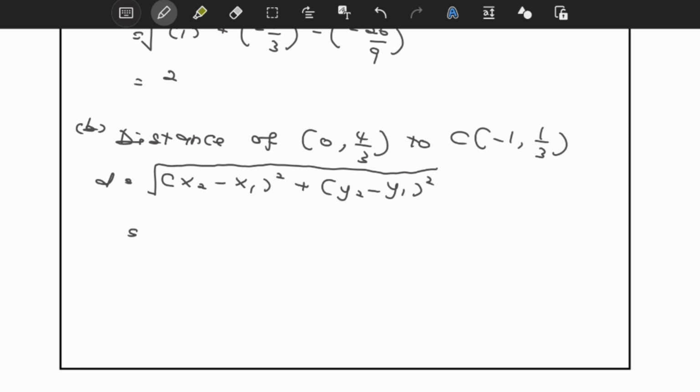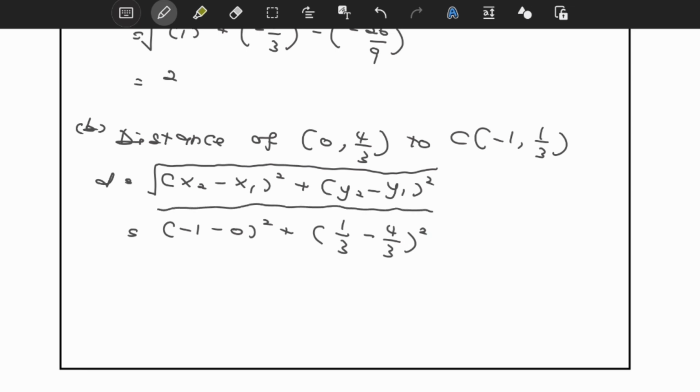So let's say we have (negative 1 minus 0) squared plus (1/3 minus 4/3) squared. Then we square root it. So the calculator gives us root 2.